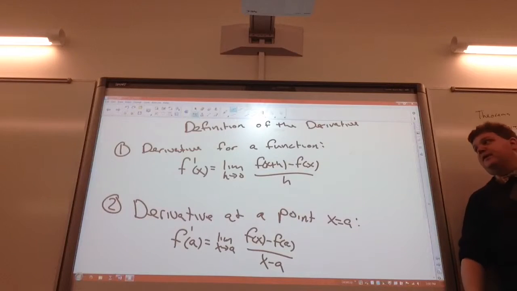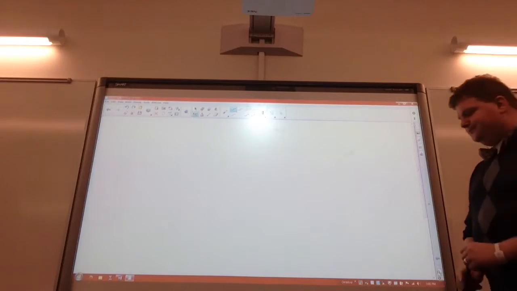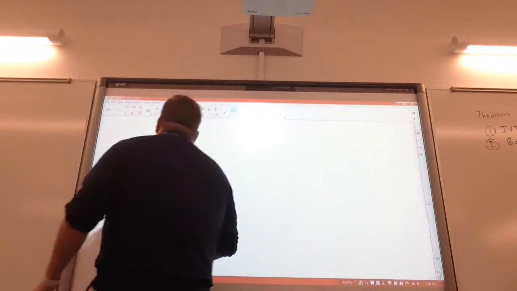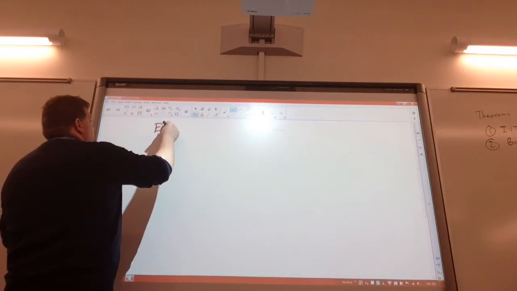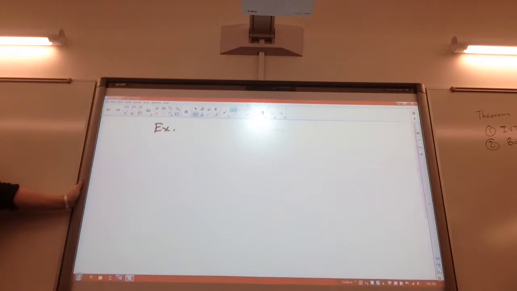All right, let's look at some examples of where you would use these, or how these get used. So, examples. Our first example is going to be probably a classical problem that a lot of people have trouble getting correct. That's because while the derivative has tons and tons of uses, its primary function, remember, is to calculate the slope of a tangent line.